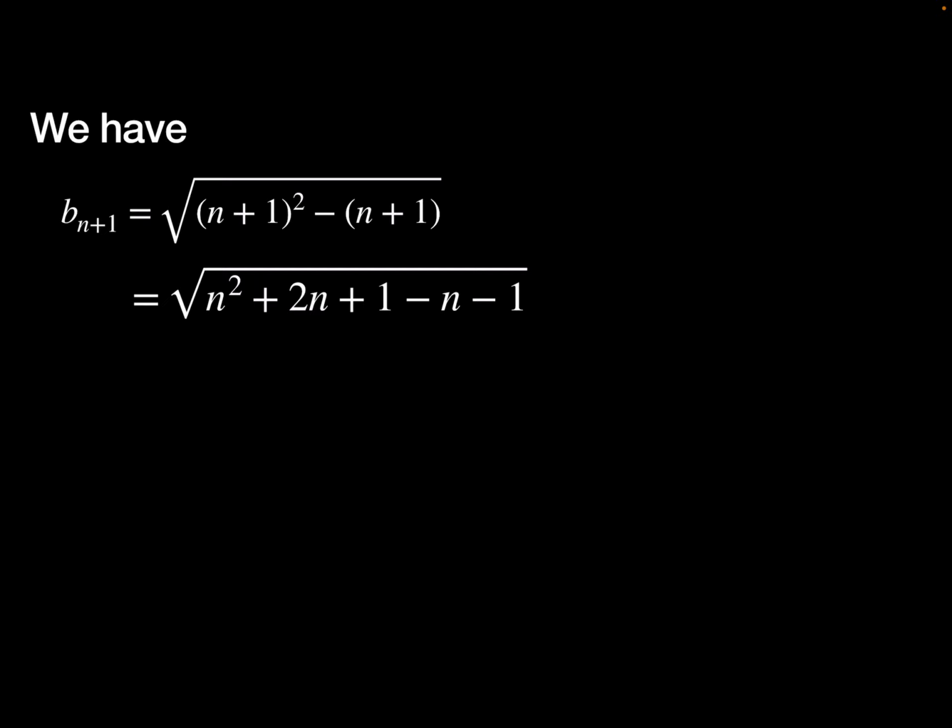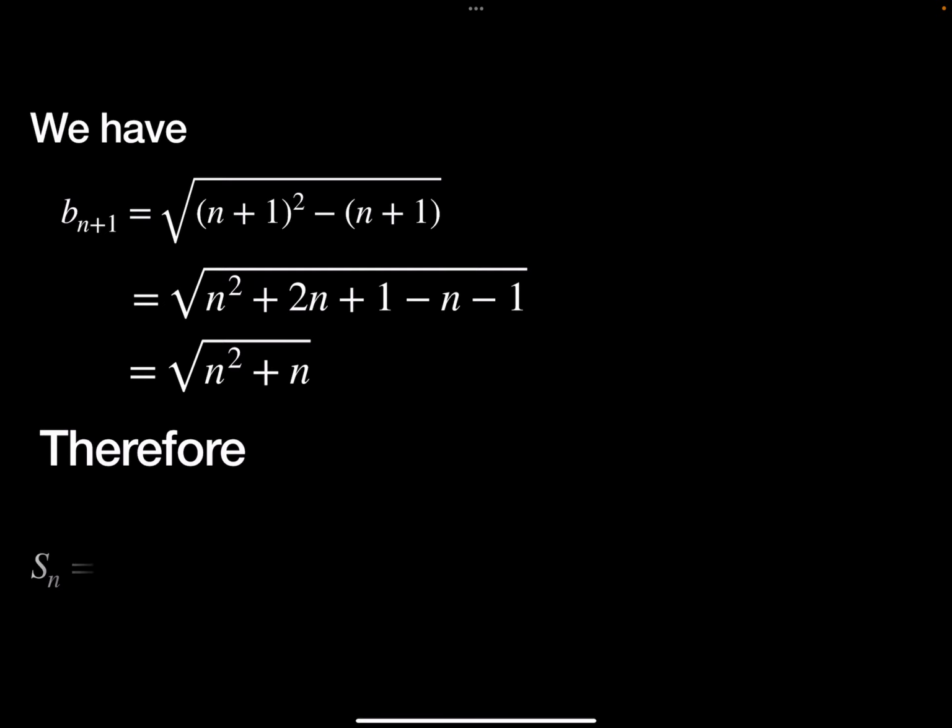Of course, plus 1 minus 1 is 0, and 2n minus n is just plus n. So we get that b sub n plus 1 is equal to the square root of n squared plus n. So now we can express s sub n in terms of the sequence b.